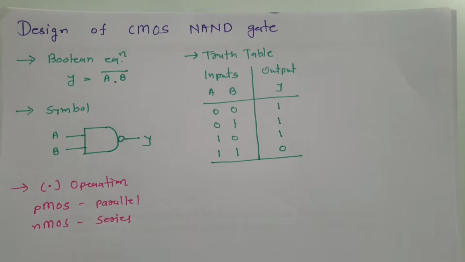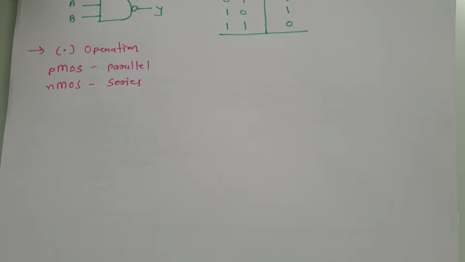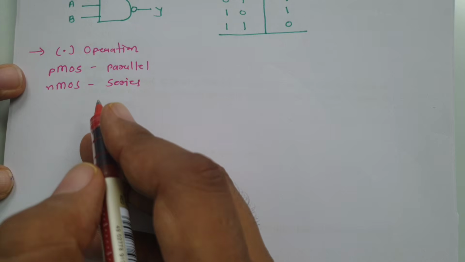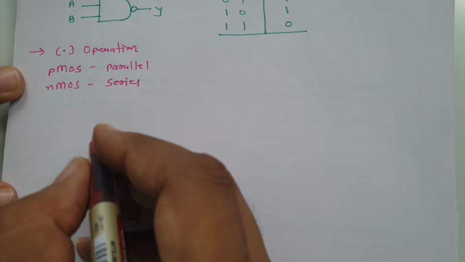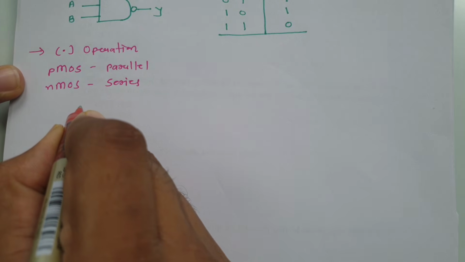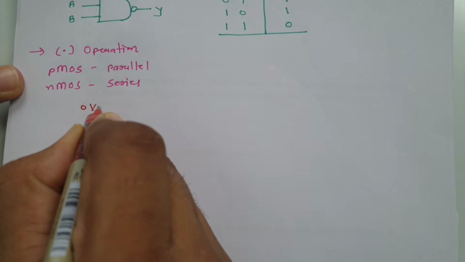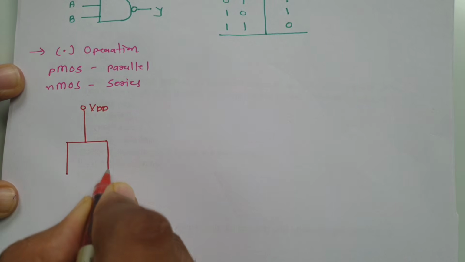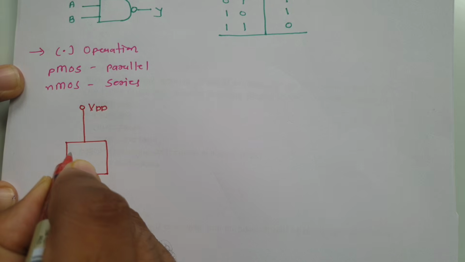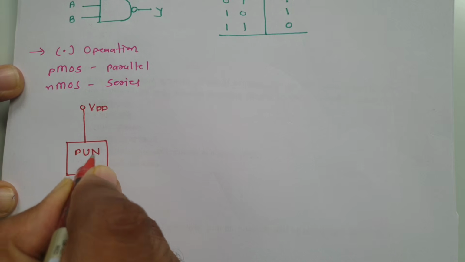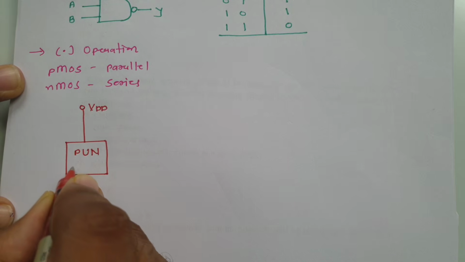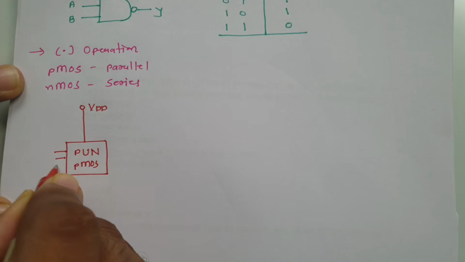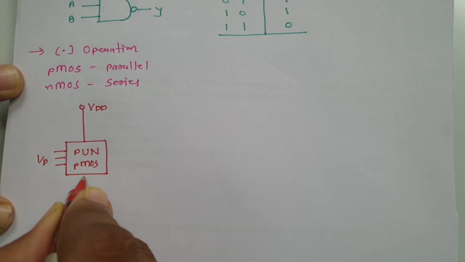Now one more thing one should know. When you implement any logic gate using CMOS transistors, its structure should be like this. Here we have the VDD supply, and here I am considering one block made up of the pull-up network, which is built with PMOS transistors, with multiple inputs.